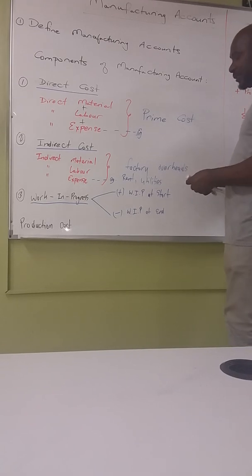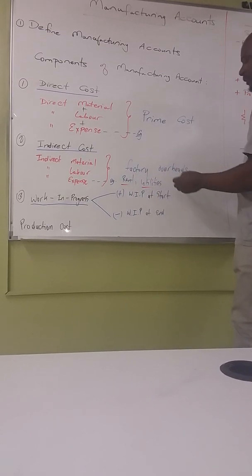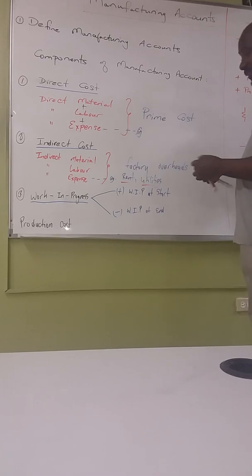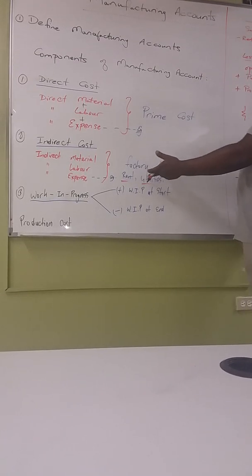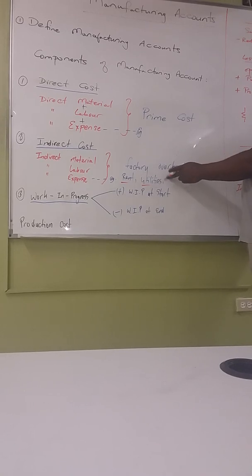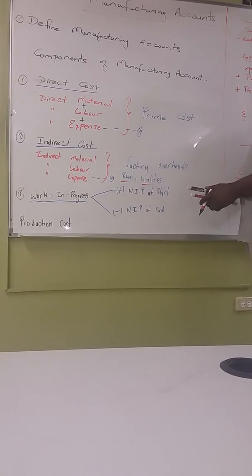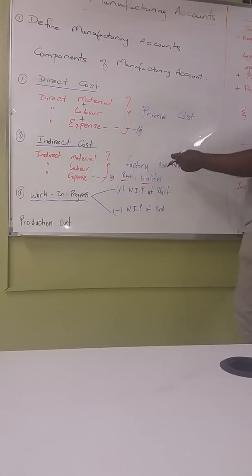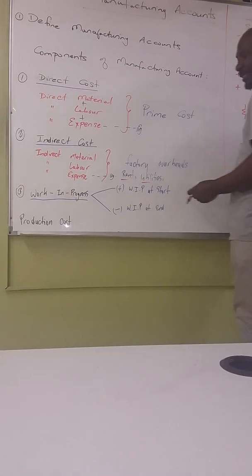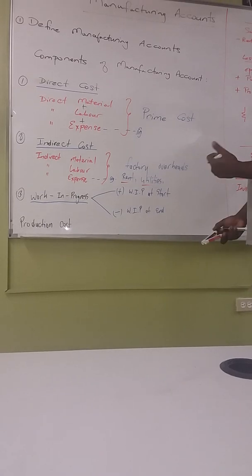So you have rent, you have utilities, depreciation. Now the depreciation that we're speaking about would have been for assets that are used in the factory. So take for example depreciation on equipment or depreciation on machinery, right? That would have been an indirect expense.